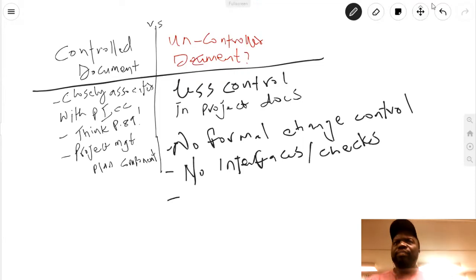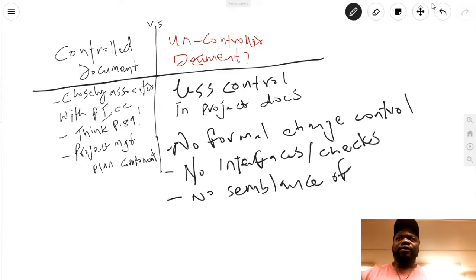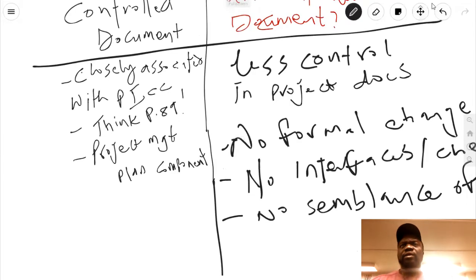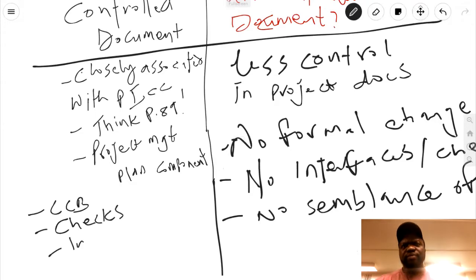No measure or semblance of control is required before updates. But if there is any interaction with additional entities or some sort of intervention by a change control board before those approvals or updates are made, then you can refer to that as a controlled document.